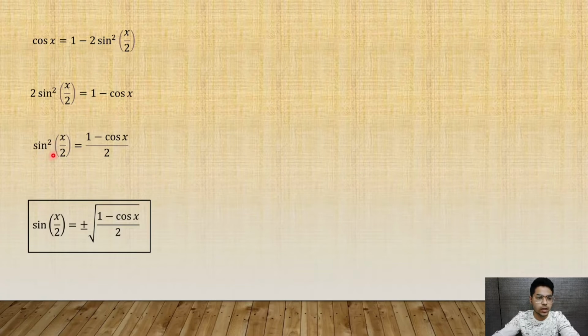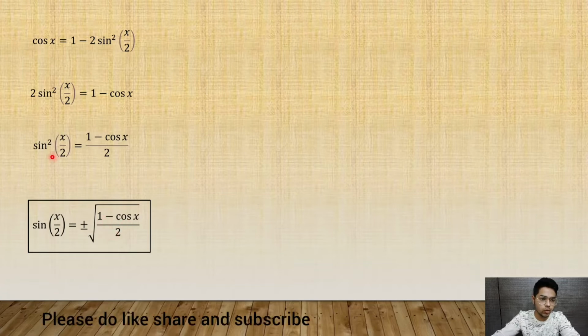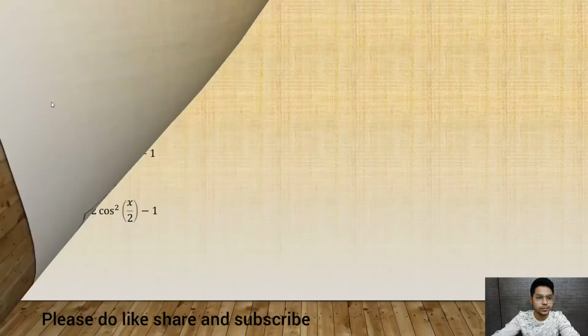So we'll be getting sine square x/2 is equal to (1 minus cos x) divided by 2. So sine of x/2 will be equal to plus or minus the square root of (1 minus cos x) divided by 2, as we are taking the square root on both sides, and we get this final answer. So now turning to the next slide.